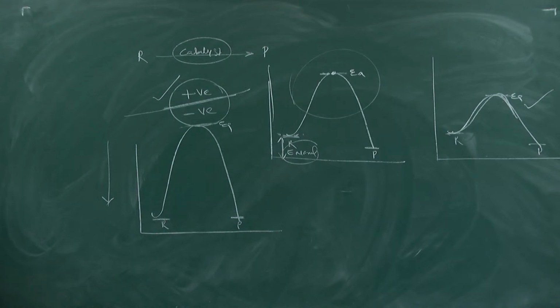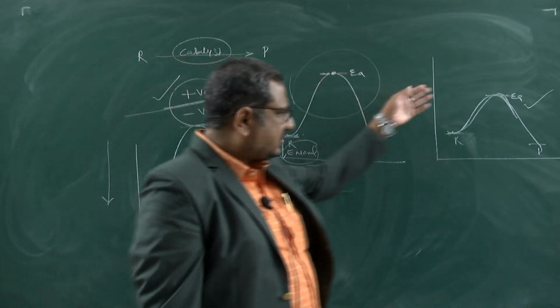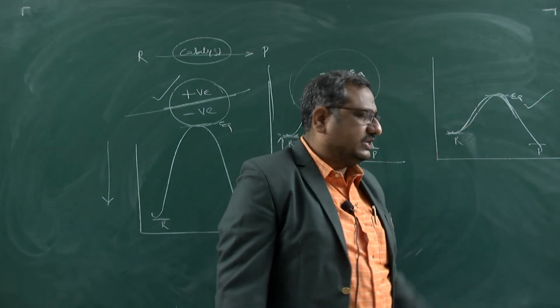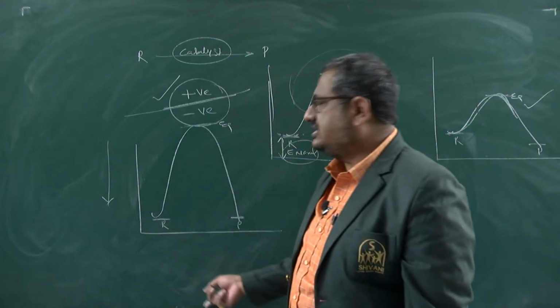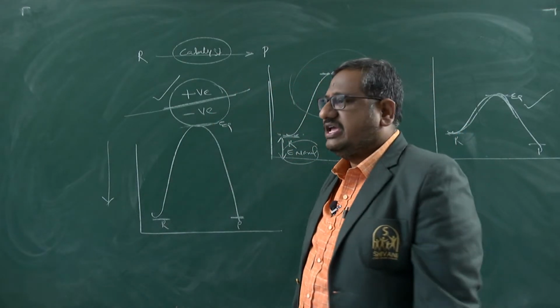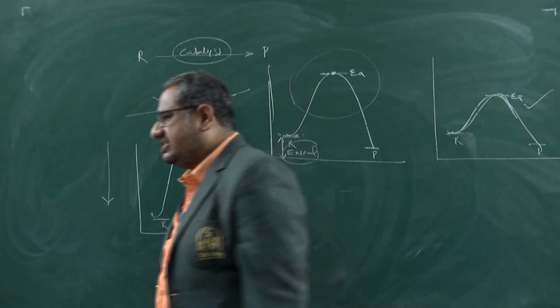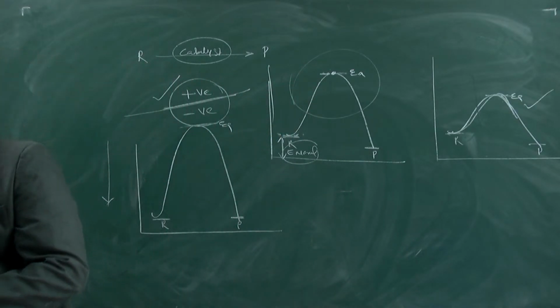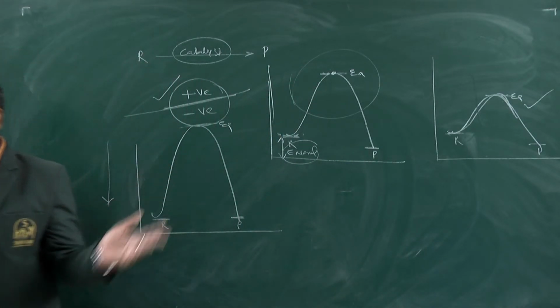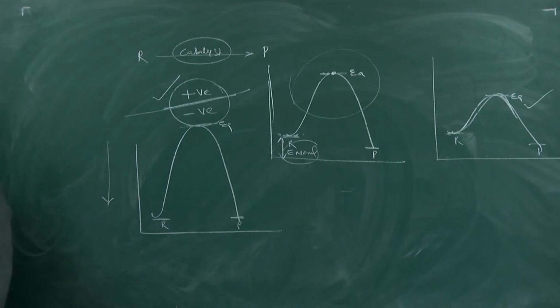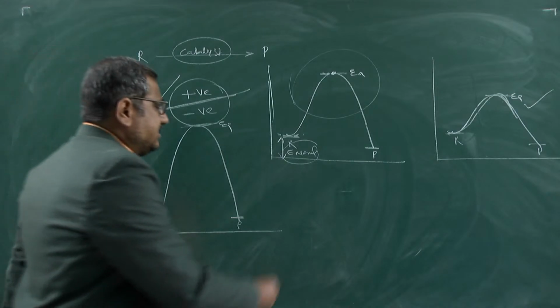Two types of catalyst I am adding: one is positive catalyst, another one is negative catalyst. By adding positive catalyst, the activation energy barrier will decrease. By adding negative catalyst, the activation energy barrier will increase. When the activation energy barrier increases, automatically the reaction will stop. When positive catalyst is there, automatically the reaction proceeds faster. So, this is called the catalytic function and catalytic property. Some autocatalysis is also there.